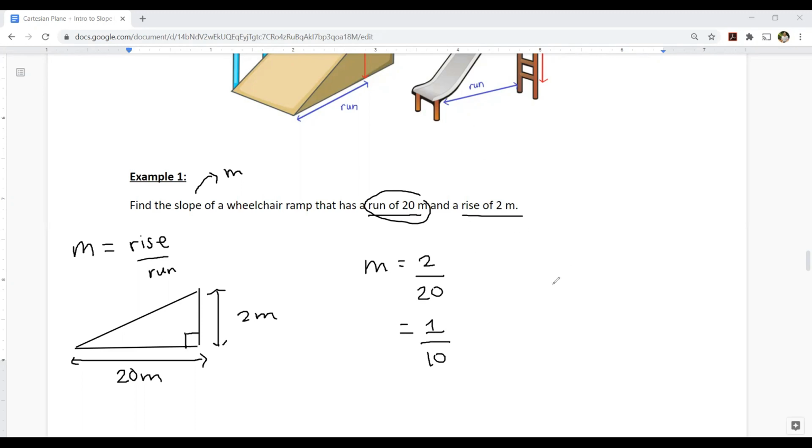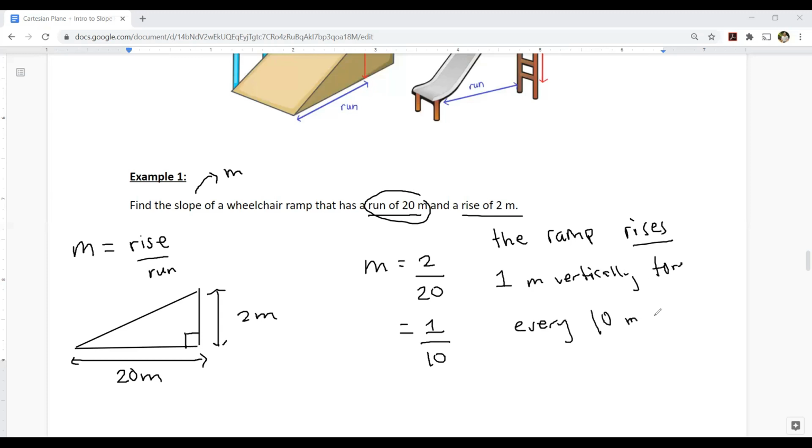So what does this mean? Well, this tells us that for every 1 meter, so I'm going to say the ramp rises 1 meter vertically for every 10-meter run horizontally.